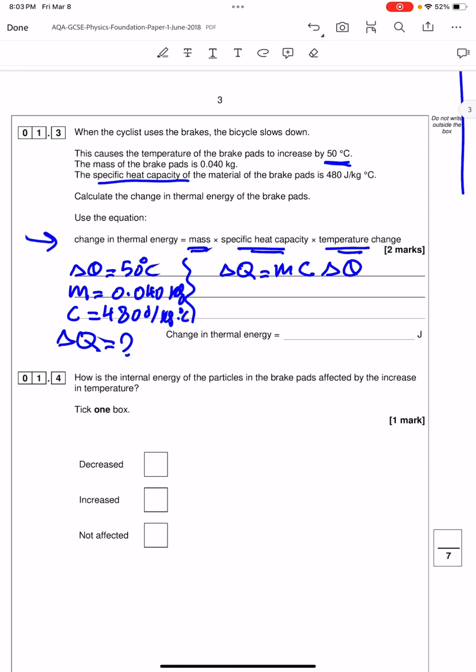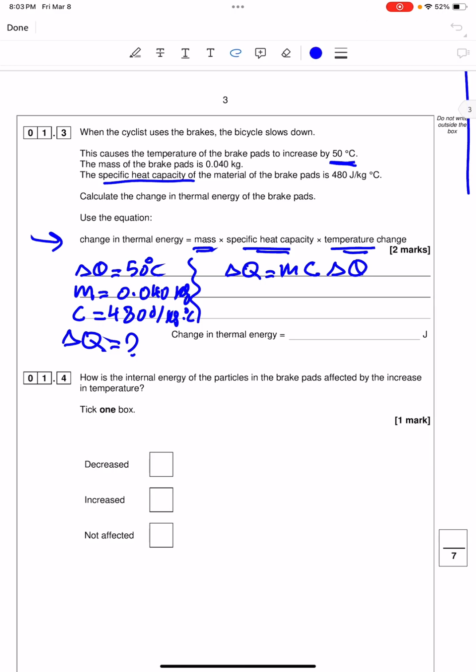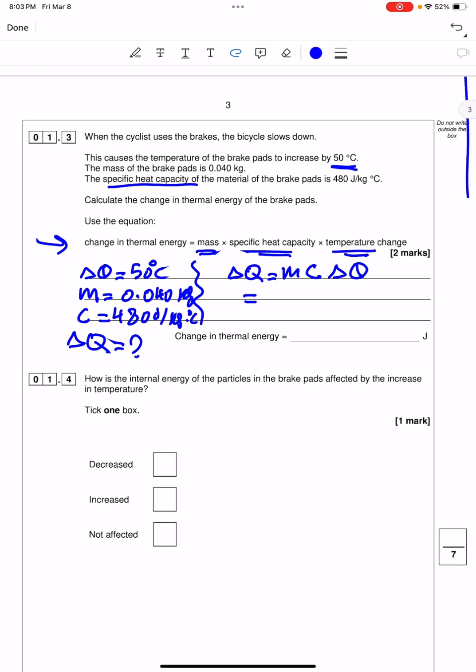So all you have to do is just substitute normally. We have the M, just put the number, 0.040, and then we have the C, so put it here, as it is, because it's in joule per kilogram Celsius, we're totally fine.